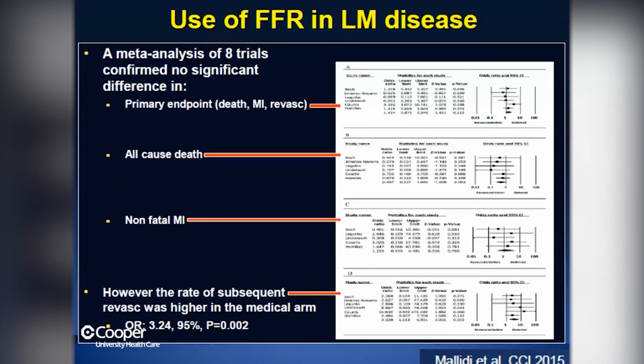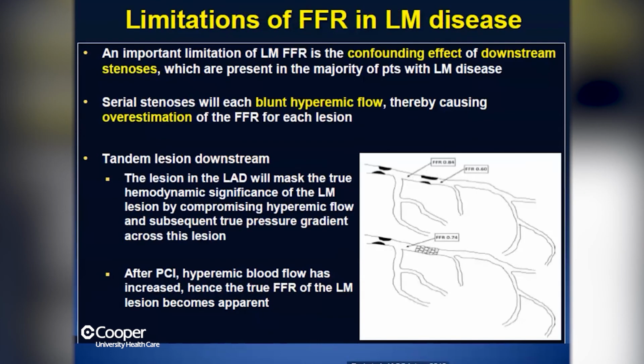Some of the studies, this is a crowded slide, are a lot of smaller trials about the FFR. The only common thing with this, in terms of the clinical endpoint, is that revascularization was higher in the FFR positive group. Otherwise, the hard endpoints were not significant.